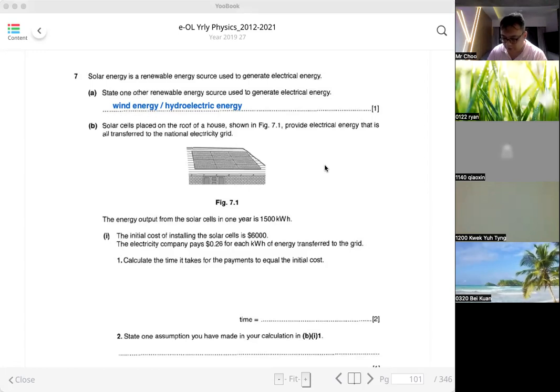Okay, so for break even, you must calculate energy. You need to calculate $6,000 divided by 0.26. So how much energy must you generate to break even for this?